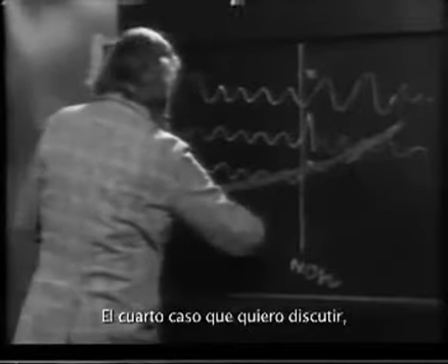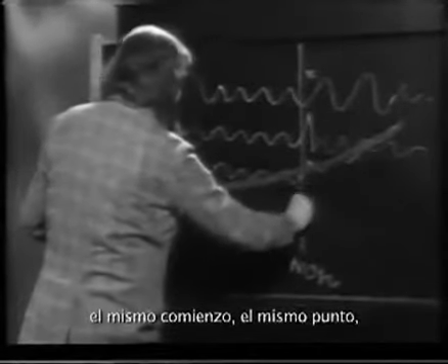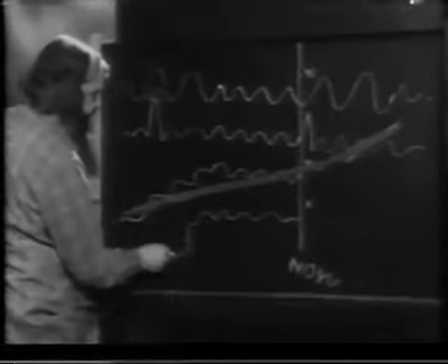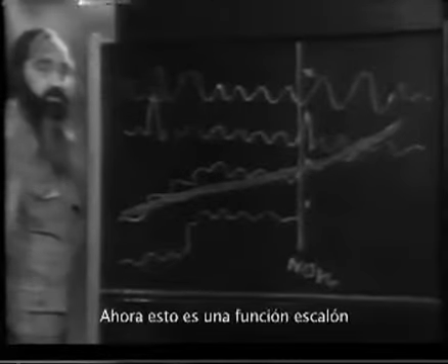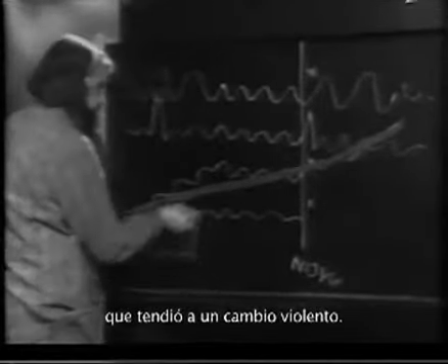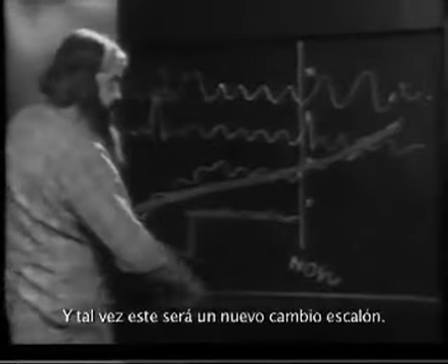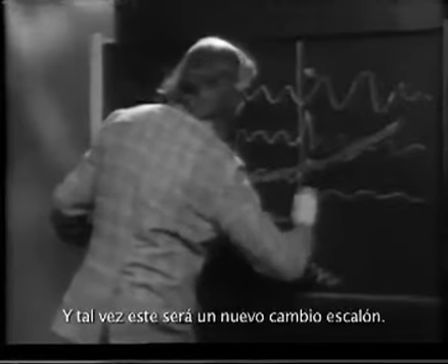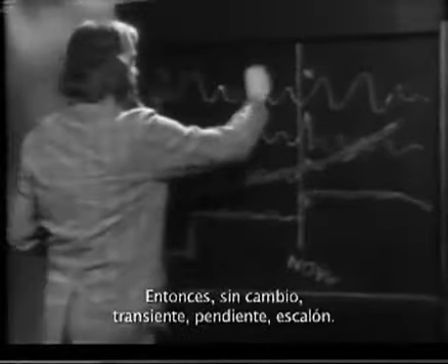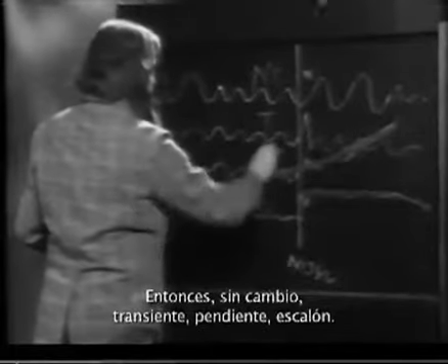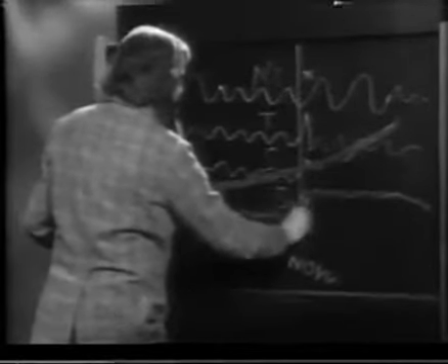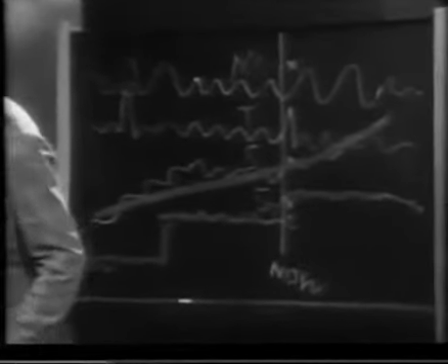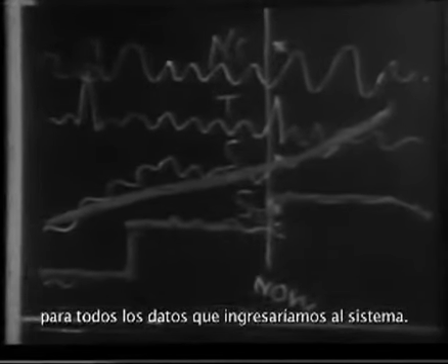And the fourth case I want to discuss, same start, same point, now look back, and we see perhaps something like this. Now that's known as a step function. There's been a fairly violent shift, and maybe this is going to be another such step. So, no change, transient, slope, step. These are the four possibilities that I considered for all the data which I was bringing into the system.